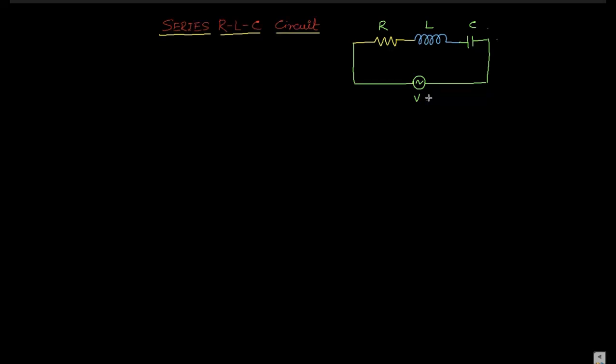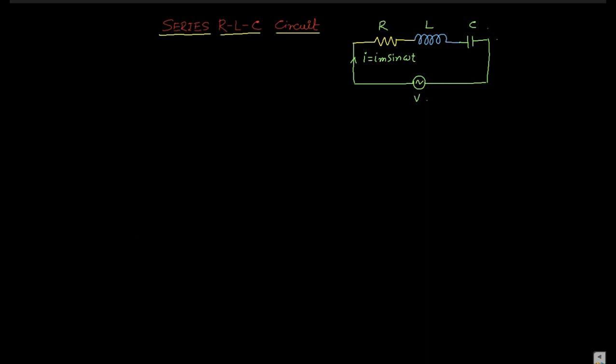We can consider that due to that V, a current I equal to Im sin omega t is flowing through the circuit. As it is a series circuit, you know that the current flowing through each and every component is the same.